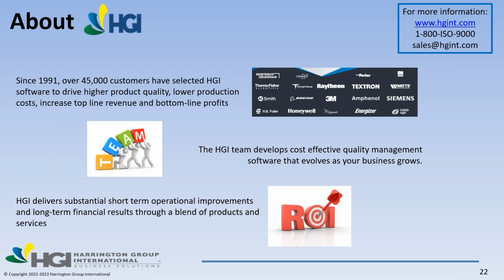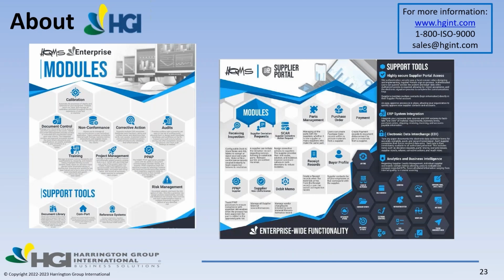And the entire mantra behind this webinar has been, how do we do things that reduce costs and improve performance? Harrington also has a robust HQMS, the Harrington Quality Management System, with a complete set of modules, and a very popular supplier portal that is used to bring a lot of activities to life beyond just the PPAP that we talked about today.